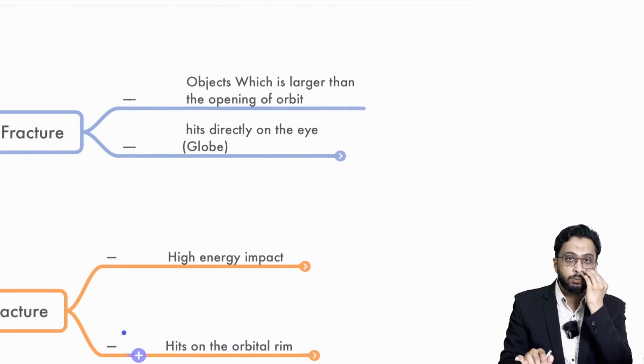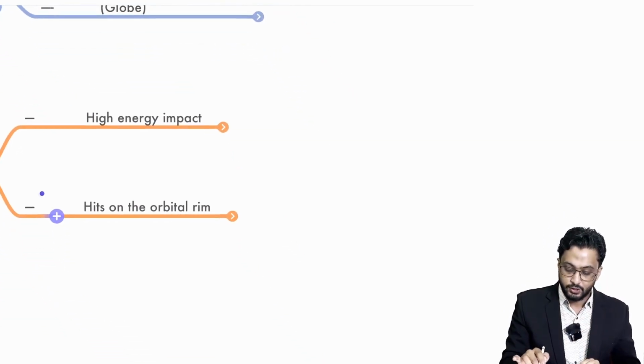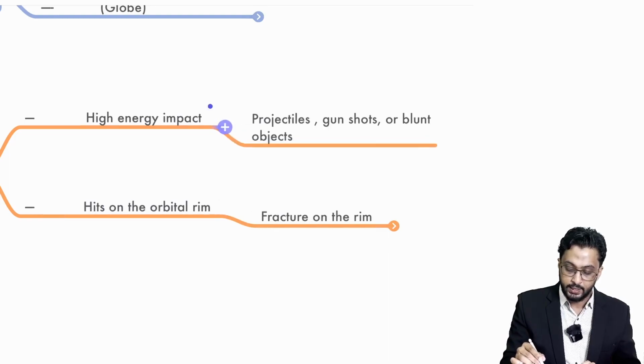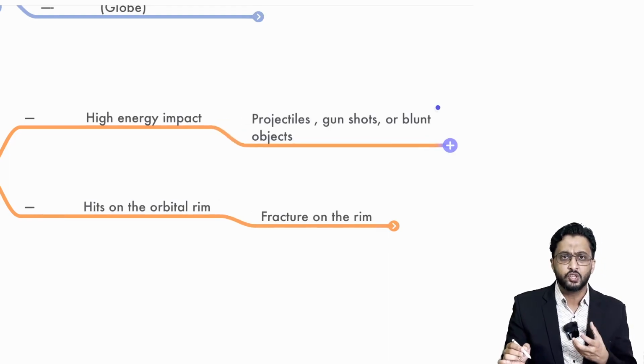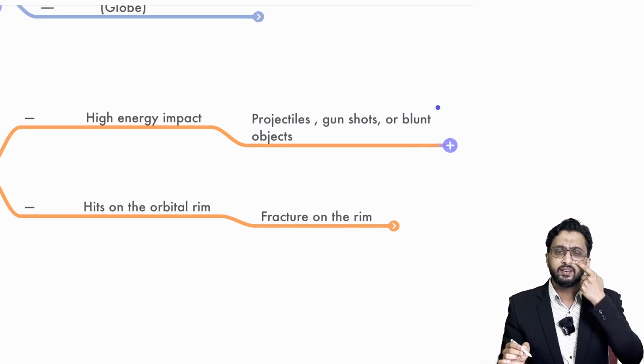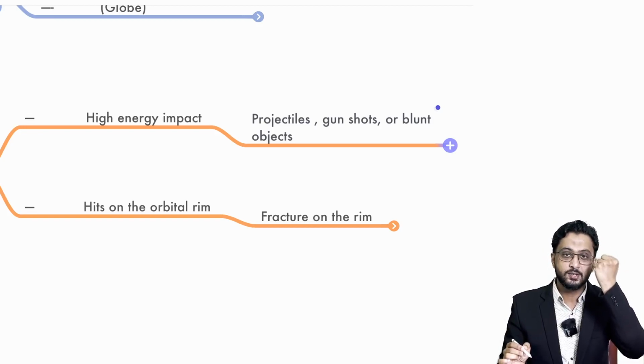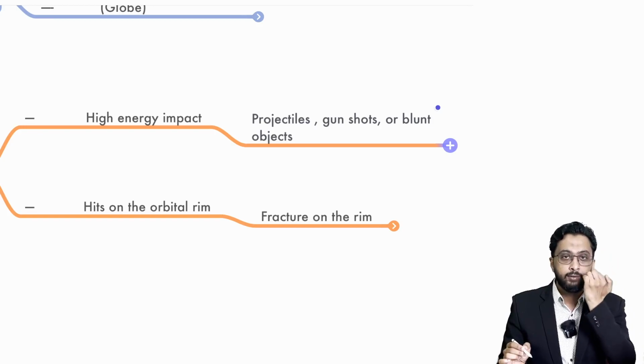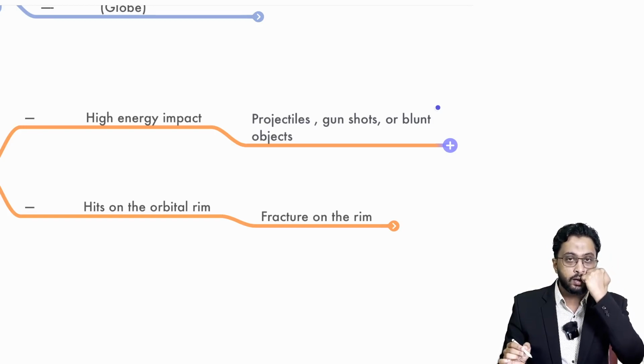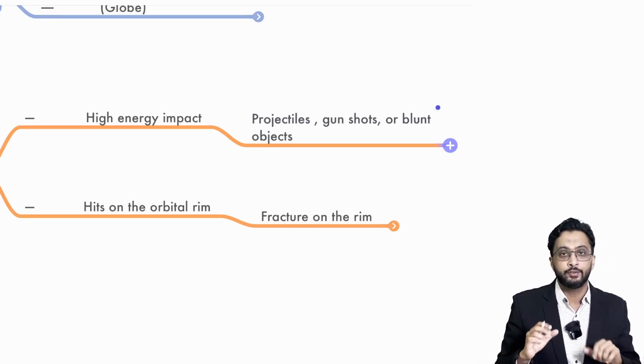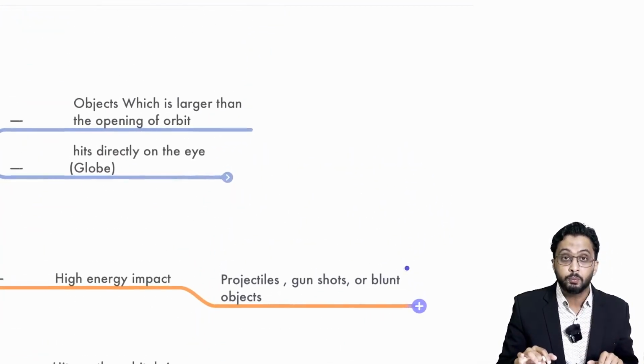Blow-in is a smaller object, high energy impact like projectiles and gunshots, or even a blunt object which can directly hit on your rim. If it is hitting directly on the rim, it can result in a blow-in fracture, but majorly it is a high energy impact when it comes to blow-in.